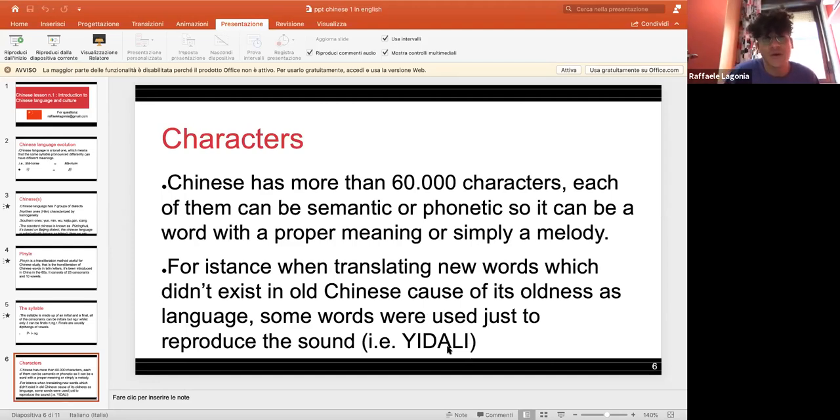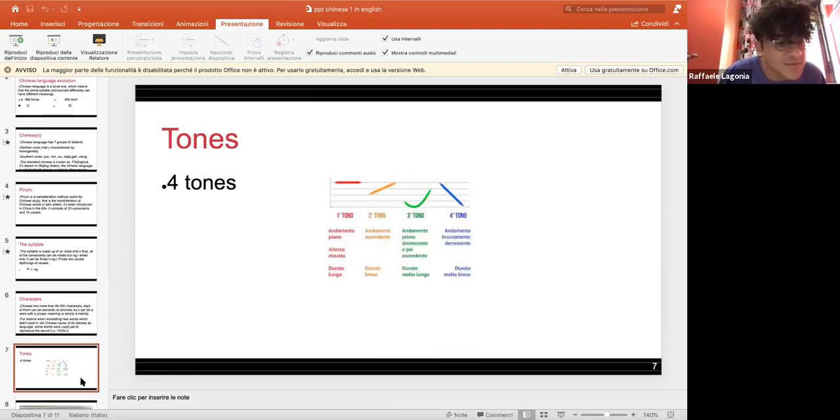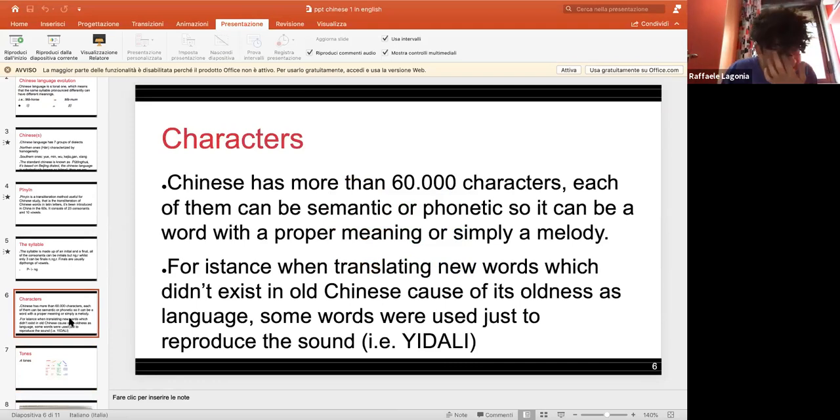So in English we have Italy, and in Chinese it is Yidali, because in Old Chinese they didn't have the word Italy. They didn't need to translate Italy. So they needed it in the early times, in the 60s, so they introduced these phonetic words.